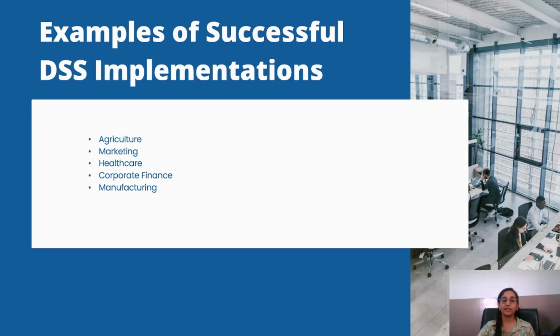DSSs provide critical support that enhances decision making and operational efficiency. Each implementation showcases the ability of DSS to adapt to specific industry needs and contribute significantly to organizational success.